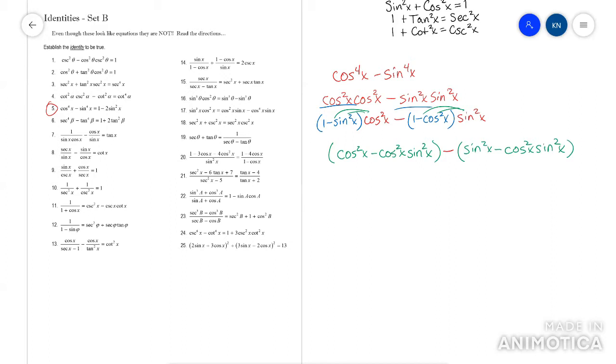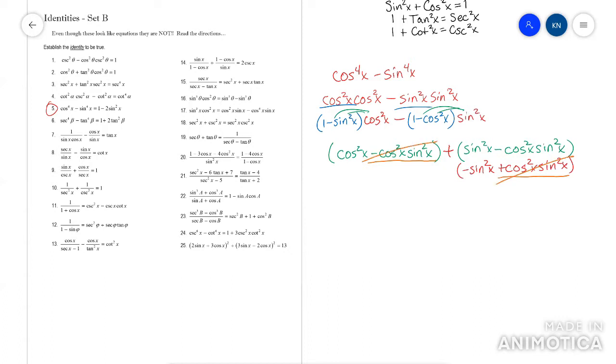Now, why you wanted to do this is because you have a minus cosine squared sine squared, and then you have a minus negative, which is going to turn into a plus, really. So I'm going to change this to a plus negative sine squared plus cosine squared sine squared. You can make that change. And so orange with orange is going to cancel.